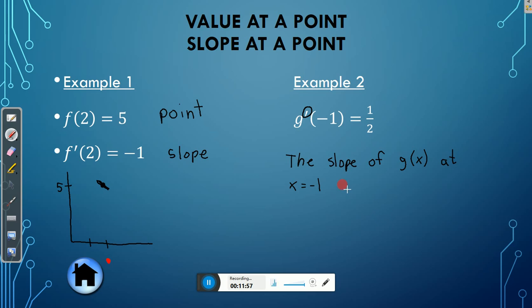So the slope at that point is 1/2. I don't even know where that point is. So if I try to draw a graph, I know the x value over here at -1, but I don't have a y value, so I can't do anything else. But wherever that y value is, the slope would be 1/2.